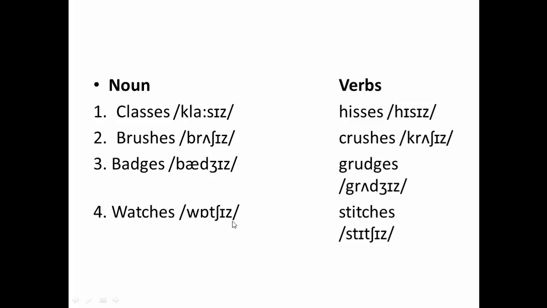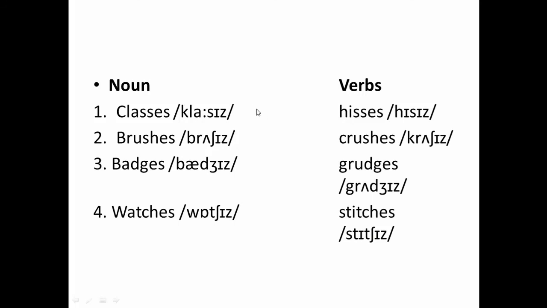Watch, watches. Similarly, come to the column of verbs. Hiss can be used as a verb. When you make it simple present with es ending: hisses, crushes, grudges, stitches. So these are examples of sibilant sounds.